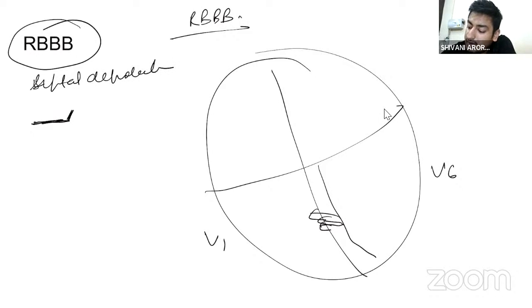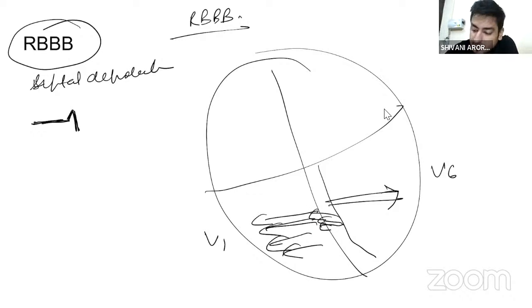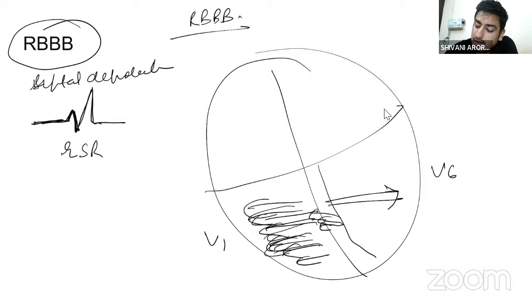And then we have a great positive deflection due to right muscle depolarization, which occurs through muscle fibers. So we have this pattern here. This pattern is known as RSR dash pattern, or M pattern, or rabbit ear pattern.